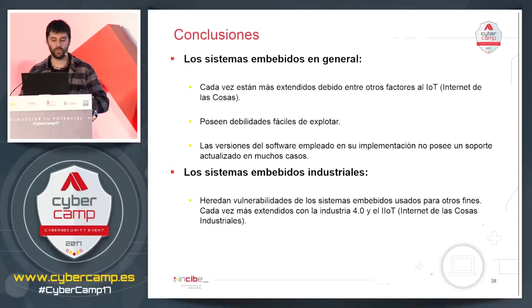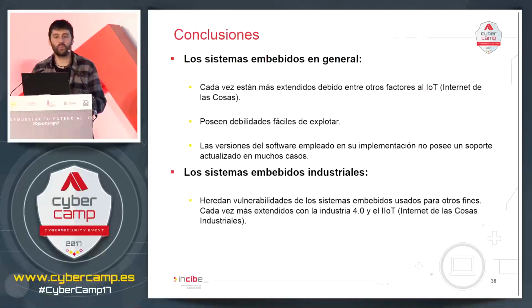When it comes to the industrial level, these devices also have the vulnerabilities of the general embedded systems. And now with Industry 4.0, that has to do with introducing more sensors and more smart things inside the industry in order to have a better control of processes.